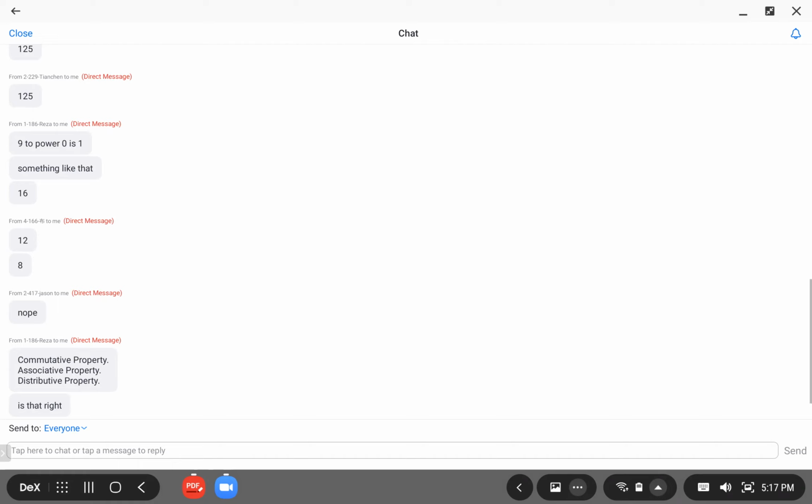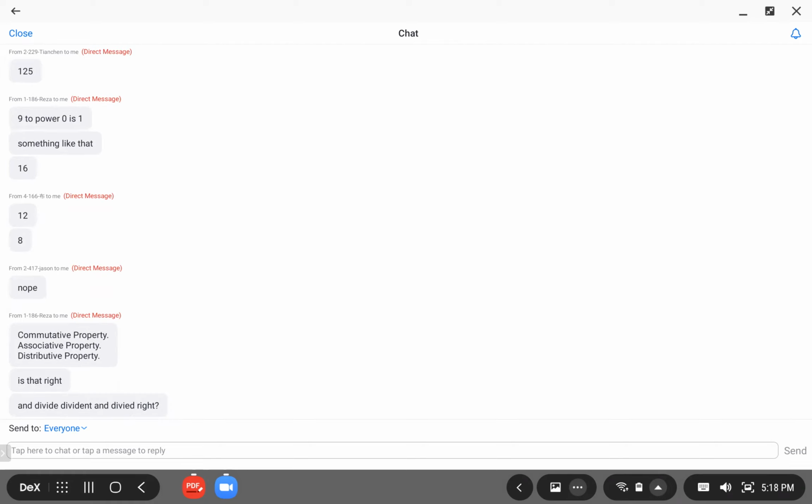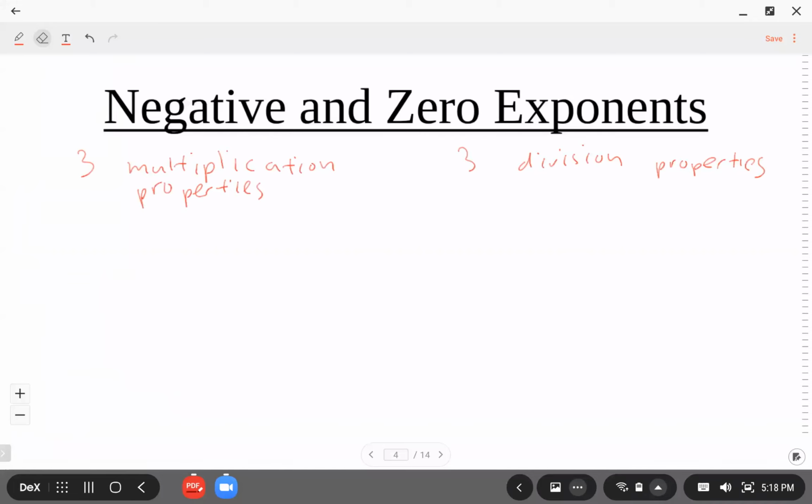Well, yes, those are properties, but we are going to be talking about the properties of exponents. Those have nothing to do with the exponents. But you are right, those three are very important properties. We use distributive property a lot in algebra, but those aren't exponent properties.